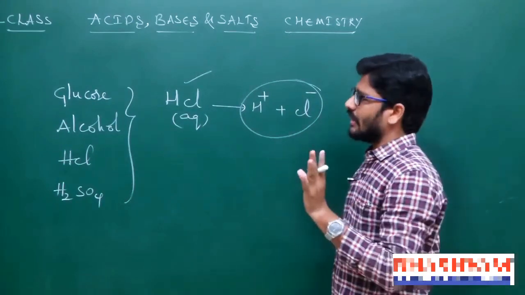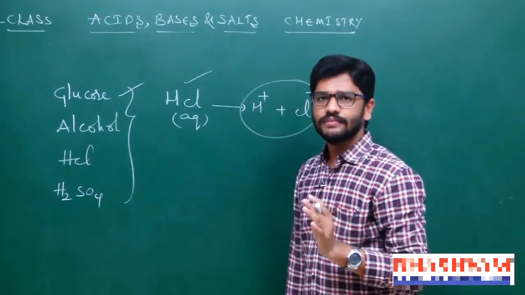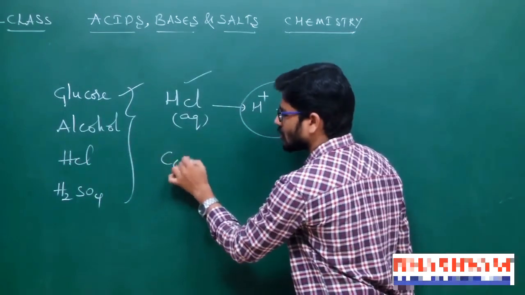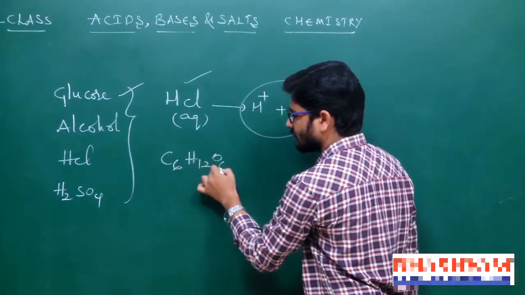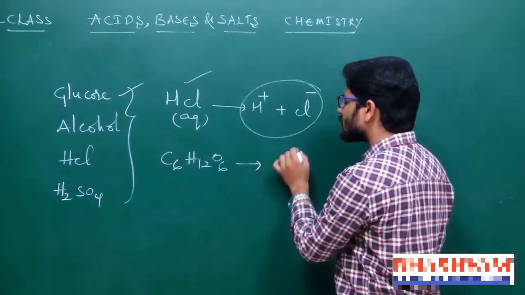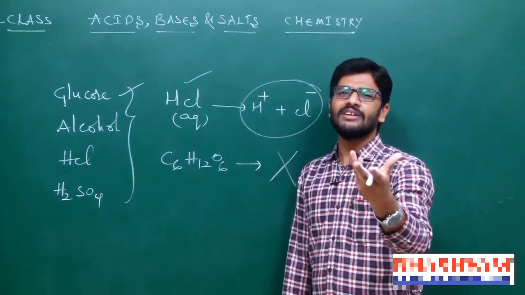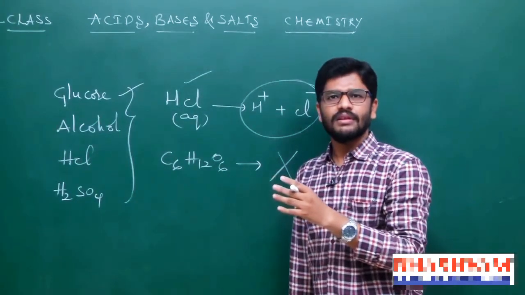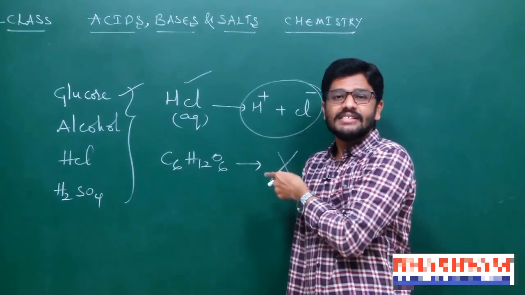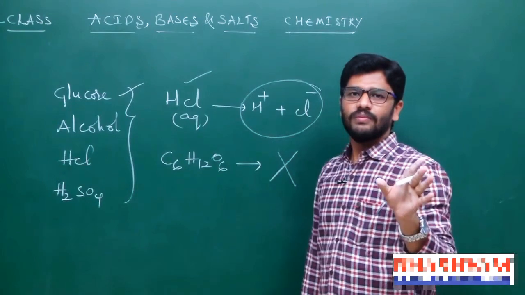Otherwise, I consider some other solutions like glucose solution, that is C6H12O6. This glucose solution does not produce any free ions like H plus ions. That's why in this case the bulb will not glow.